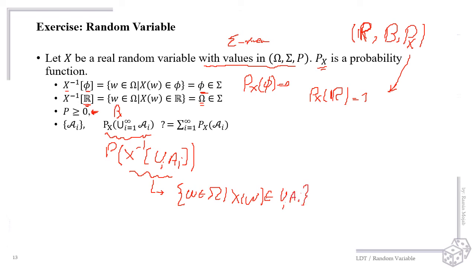Try to explain why this is equal to the union of the preimages, which means X inverse of A_i under X, and you should use the definition of a function and show that these are separate events, and therefore you can use the last axiom of probability for P, and therefore the last axiom is also true for P sub X, the distribution function.